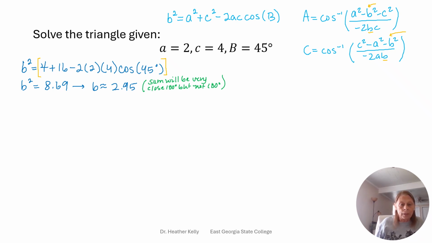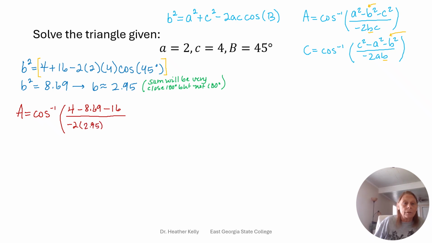Anyway. Okay, so let's continue on here. So we have our B, so let's go ahead and get our angle A. A is equal to the arc cosine of our A squared, which is 4, minus our B squared, which is 8.69, minus our C squared, which is 16, all over negative 2 times our B, which is 2.95, times our C, which is 4.